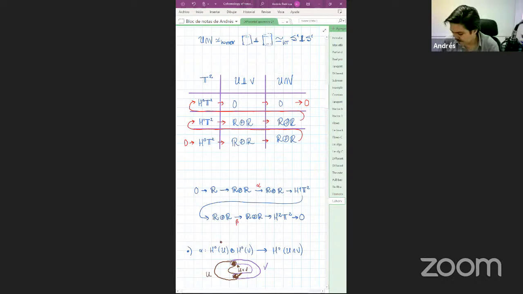So you know that this is R because U is connected. This is R because V is connected. You know that this is R2 because U intersection V consists of two connected components. But what are the elements of degree 0 in cohomology?